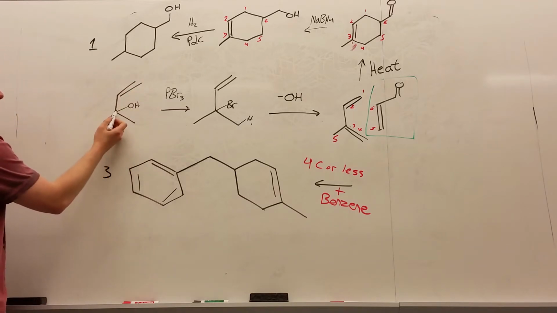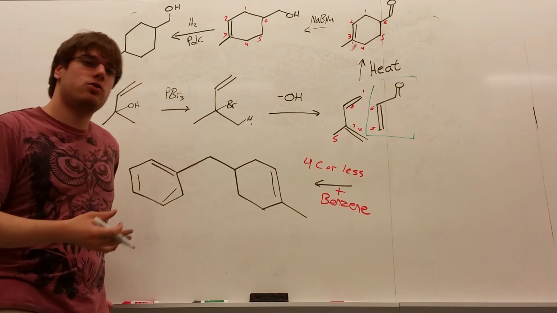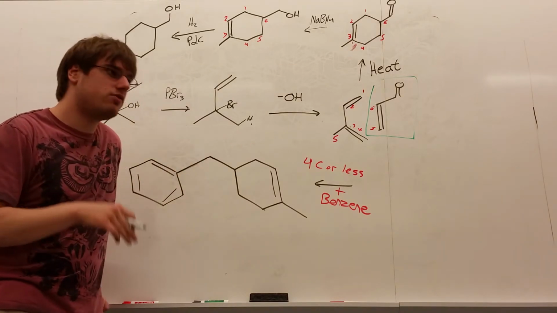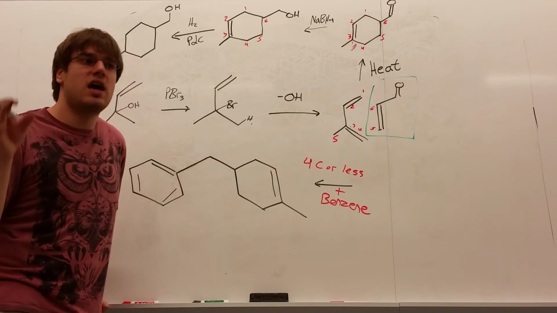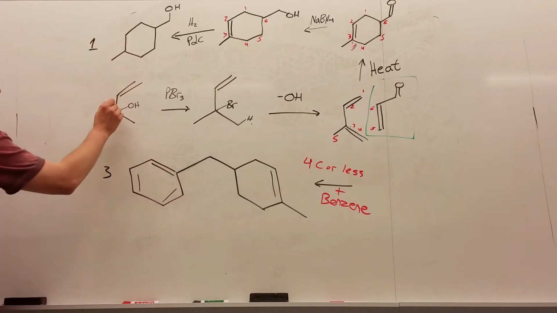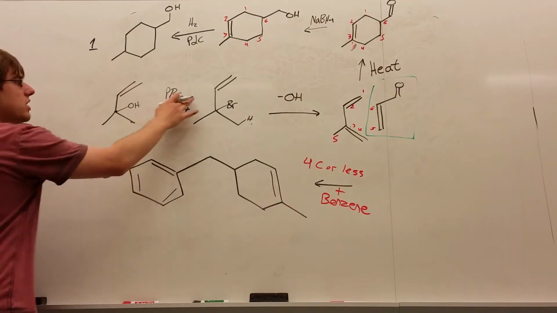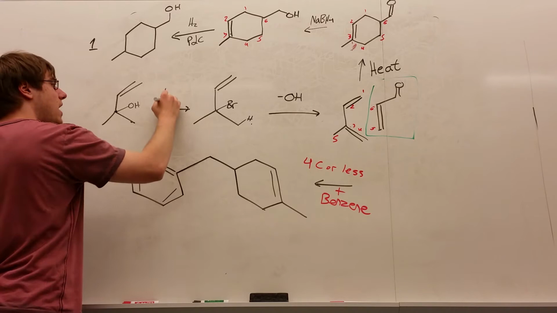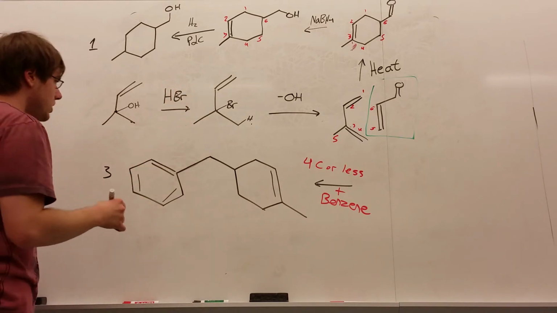I cannot use PBr3 here because PBr3, if you recall, is an SN2 styled mechanism, which means it's very subject to steric hindrance. Long story short, it can't react on OHs that are on carbons with 3 other carbons attached, tertiary carbons. Which means in this example, you have to use HBr to convert the OH to the bromine.